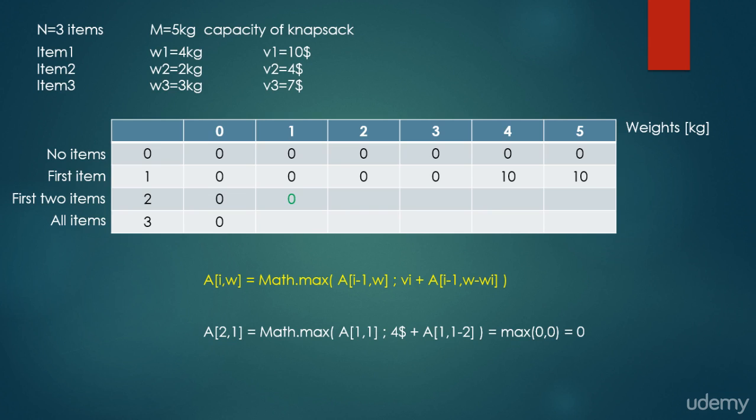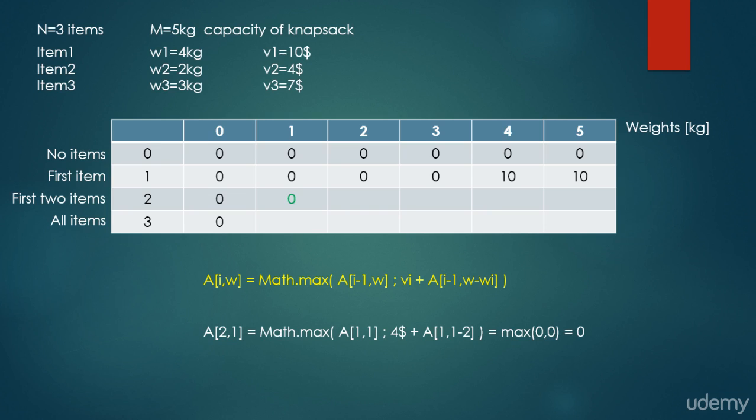So we can use our equation, and in this situation, our equation tells us that A with row index 2 and column index 1, we have to consider the maximum of two integers. The first is A11, which we can look up in the table: row index 1 and column index 1, there's a 0. And the second item is $4, because that's the value of the second item, plus A(1, 1 minus 2).